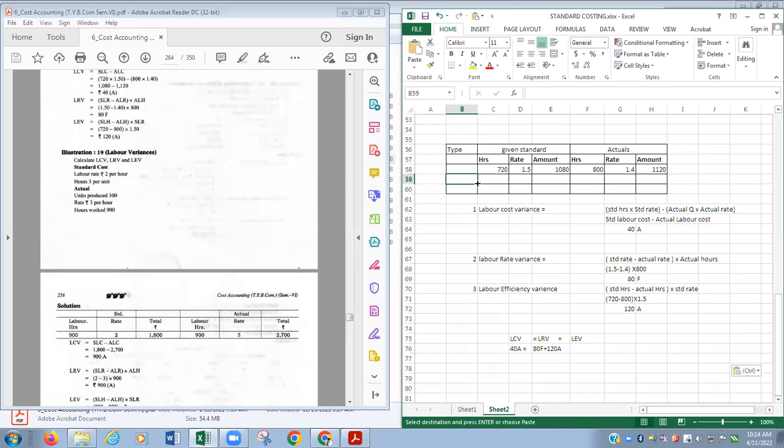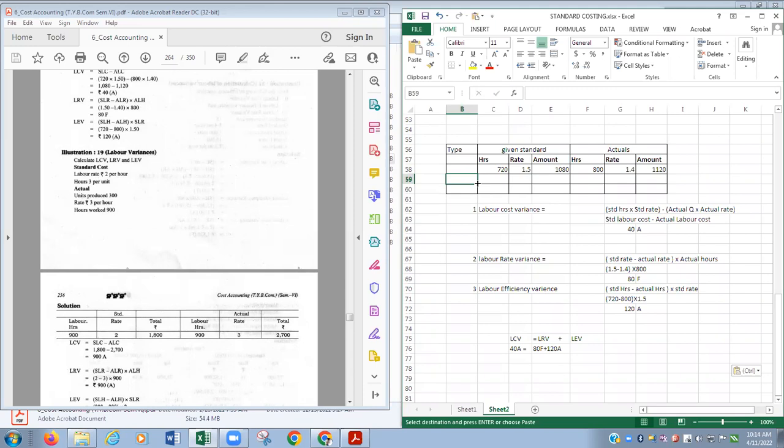Standard cost is given to you. Labor rate is ₹2 per hour, and hours are 3 per unit. For producing 1 unit, they are requiring 3 hours. Actual units produced are 300. Rate paid per hour is 3, and hours worked 900.